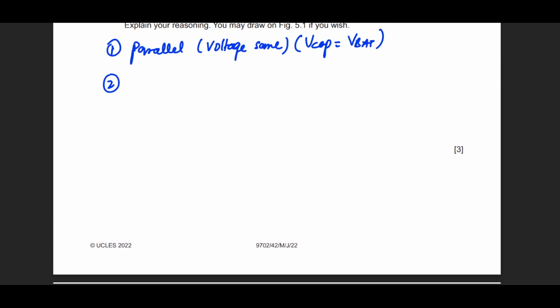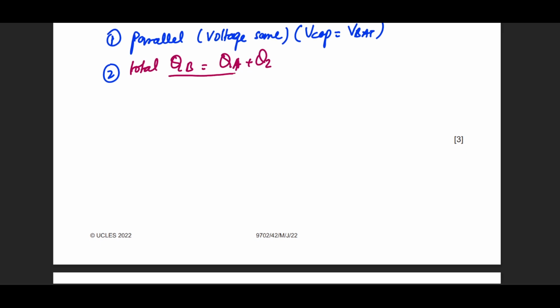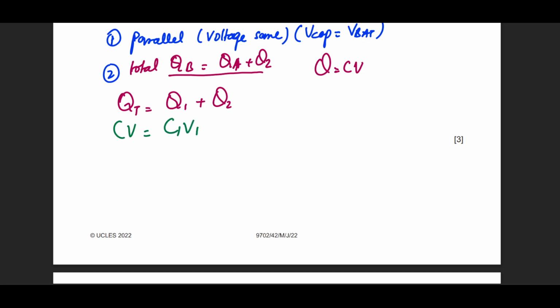So the total charge of the battery is equal to Q1, the charge by the first capacitor, plus Q2, the charge by the second capacitor. So we're going to start from this idea. The total charge is equal to charge of 1 plus charge of 2. And we know that Q equals CV. Let's replace that in this equation. So this becomes CV equals C1V1 plus C2V2.